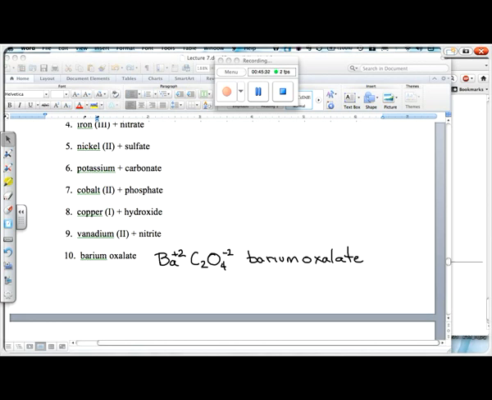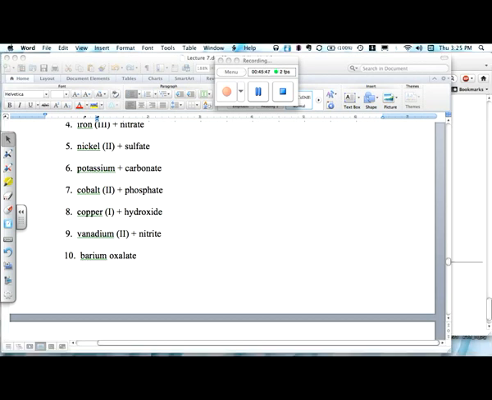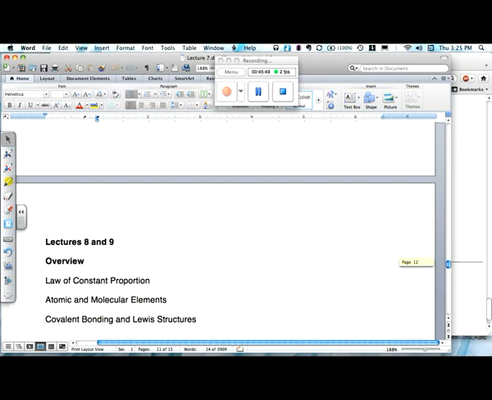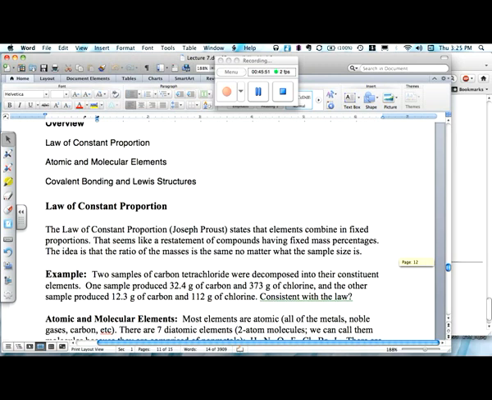I want you to get a regular 3x5 index card because you're going to be copying down some steps onto that index card for doing Lewis dot structures. So let's scroll and start talking about a couple of things, and then we're going to get started on Lewis dot structures, which is the thing that makes covalent compounds a little different.